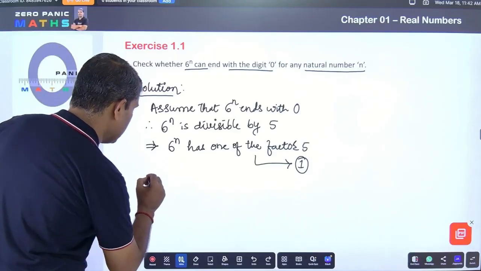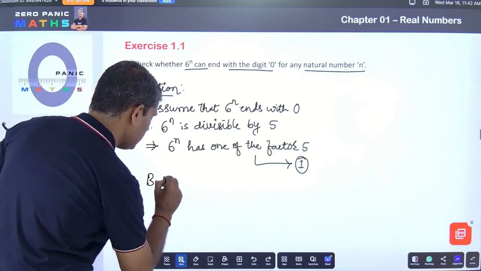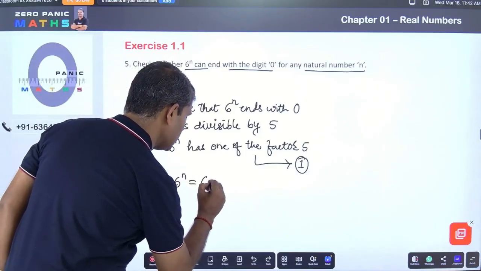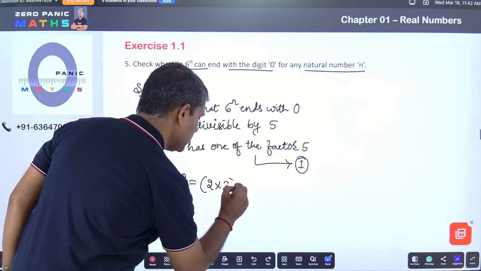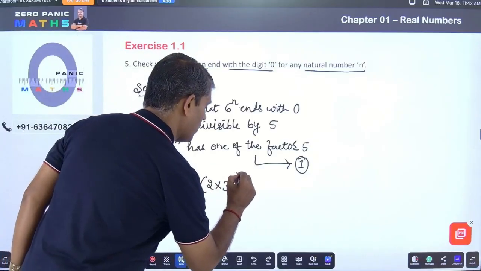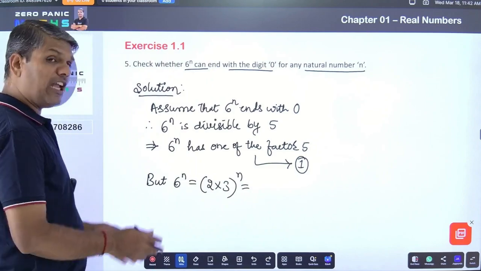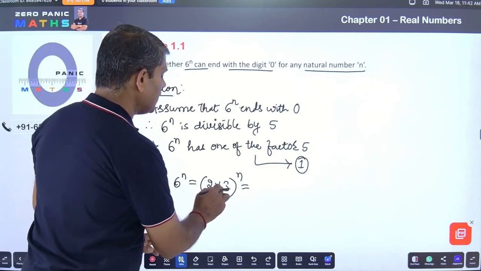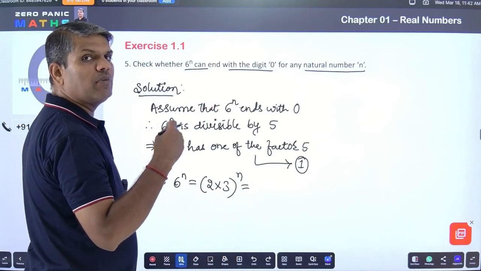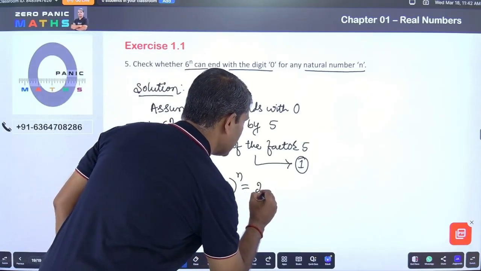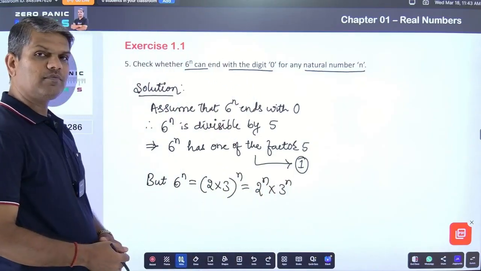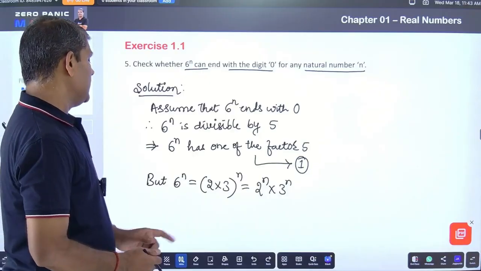How can I write 6 to the power of n? 6 to the power of n can be written as 2 multiplied by 3, to the power of n. So I'm just writing the prime factorization of 6 to the power of n. And again, by the rule of powers, a multiplied by b to the power of n will always be a to the power of n multiplied by b to the power of n. So I can say 2 to the power of n and 3 to the power of n. So what does it say?